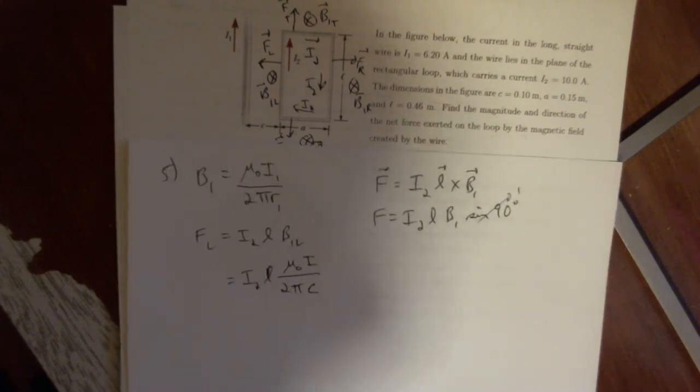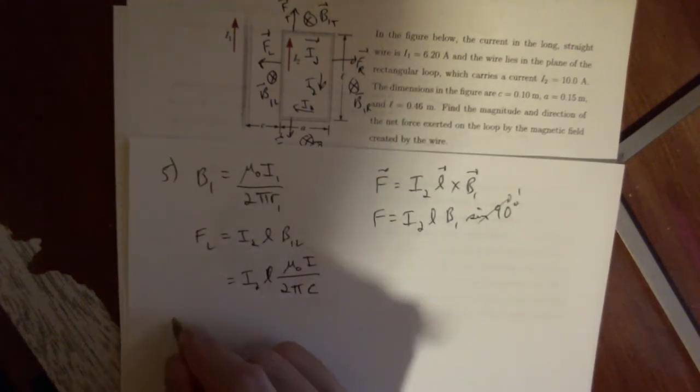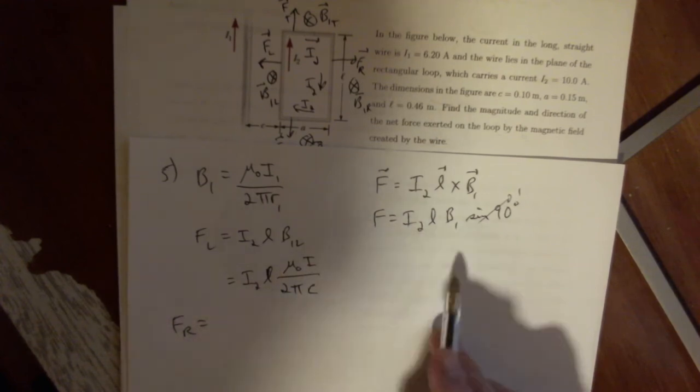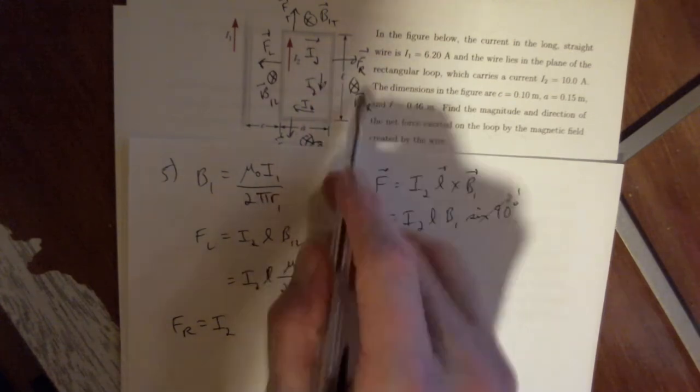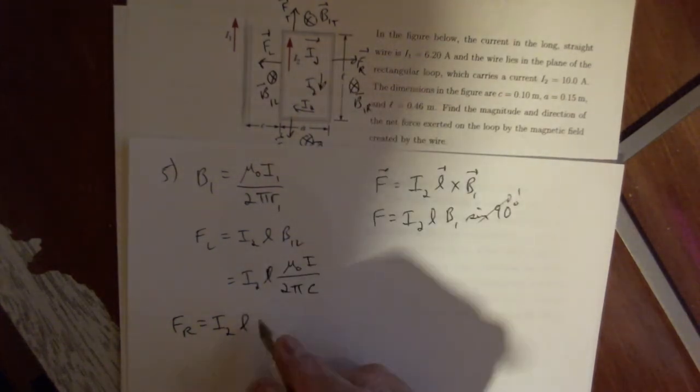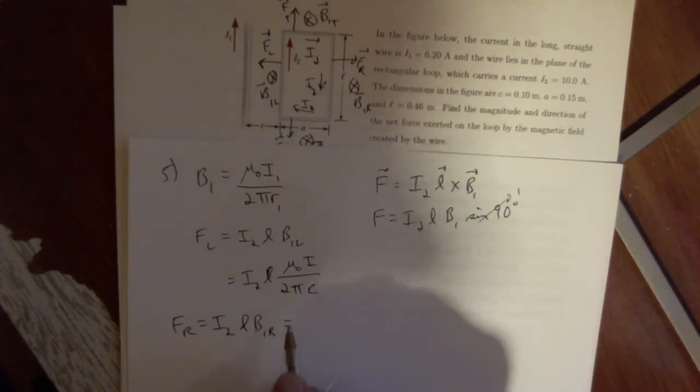The magnitude of the force at the right is, again, I2 L B1 at the right times 1. It's L because the length of the right side is L again. That times B1 right times 1 from the sine of 90 degrees.